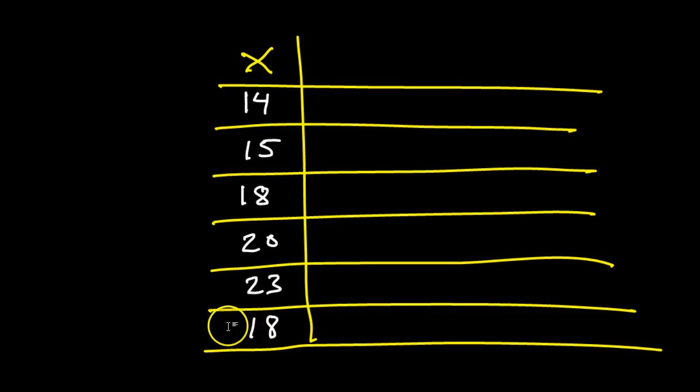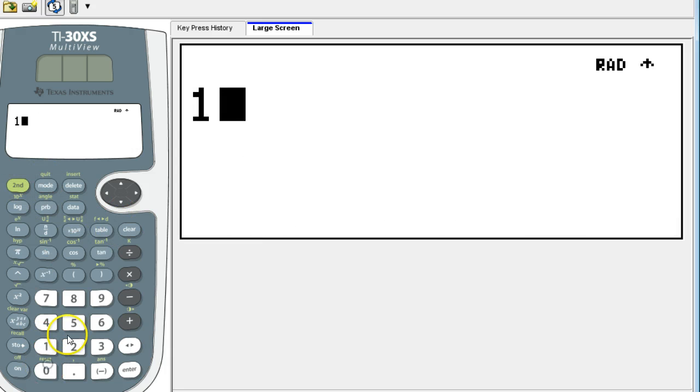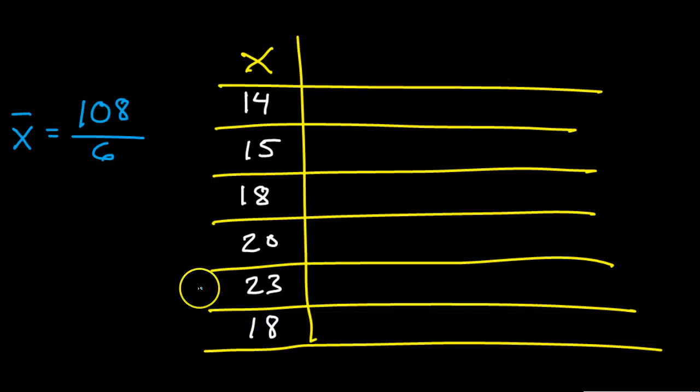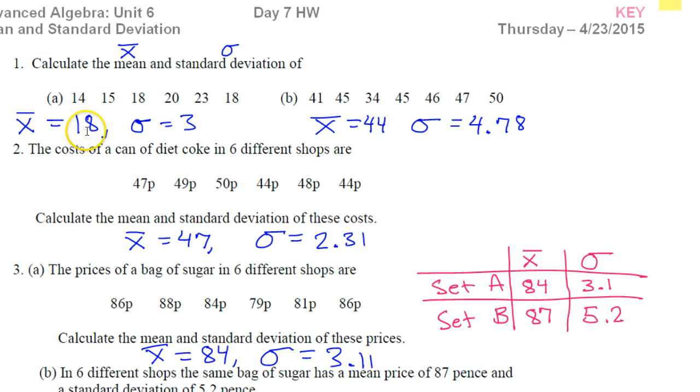The sum of all these numbers is 108, and dividing by 6, I get 18. So that's why the mean is 18, which is what we got right here.